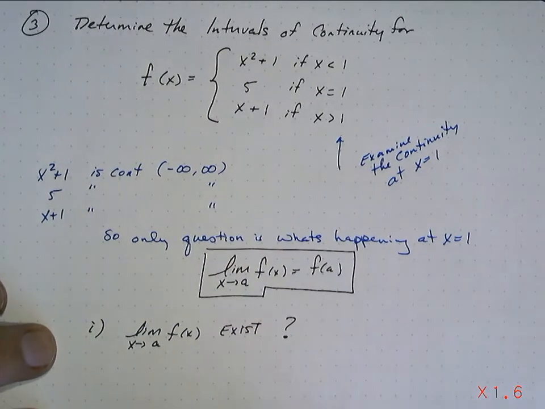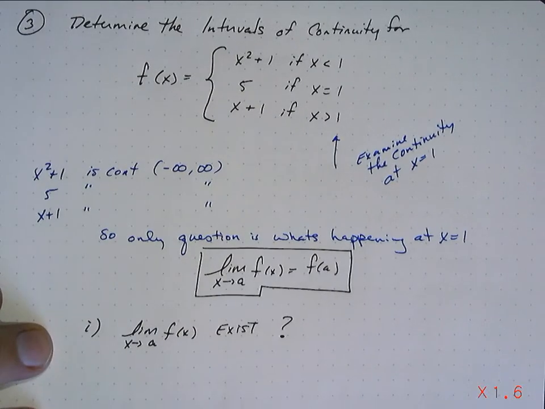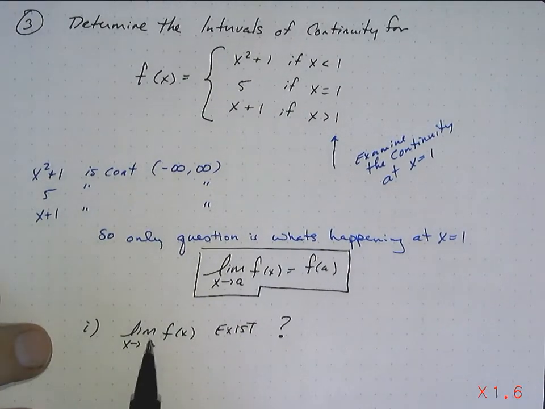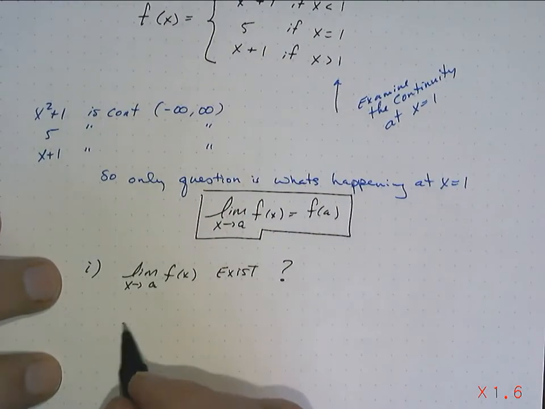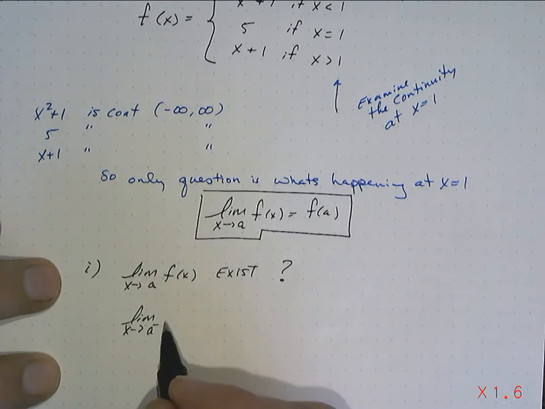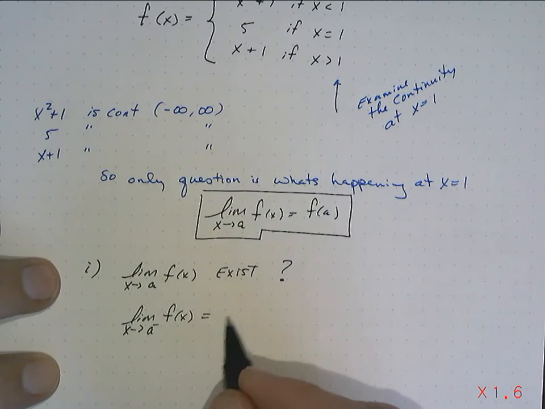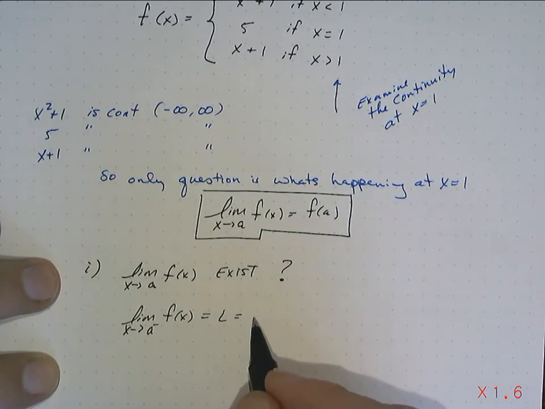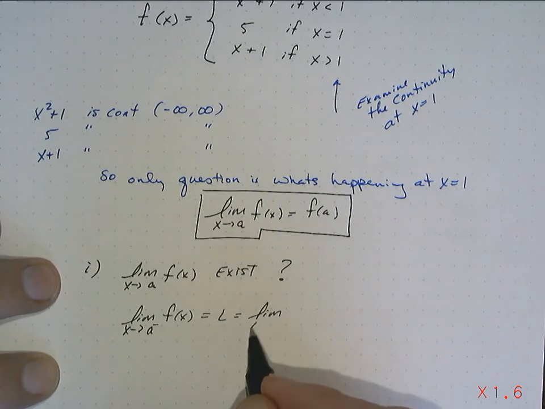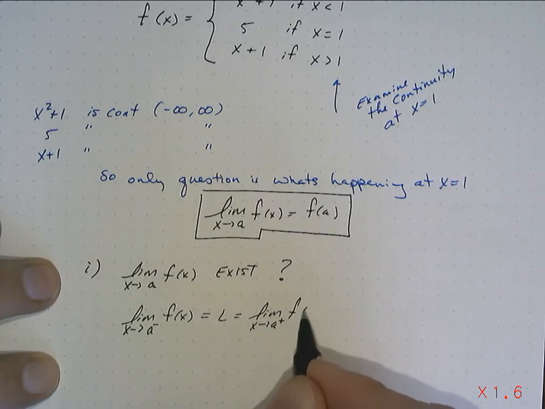It's not a statement. So for our two-sided limit to exist, there's a couple of things that have to happen. First thing that has to happen is our left-hand limit of f of x needs to exist, and it needs to equal a value that equals the same as our right-handed limit.